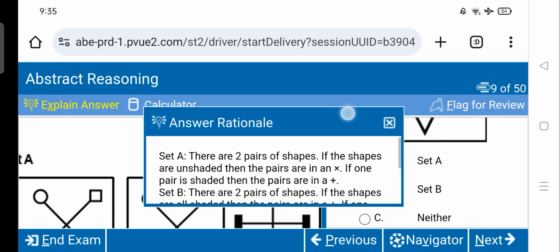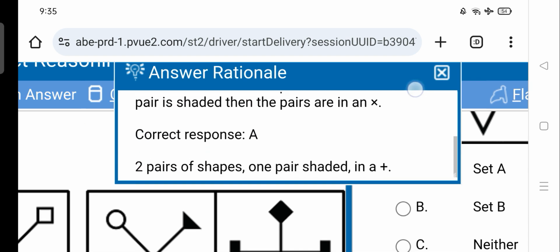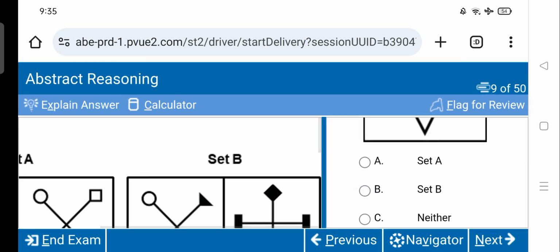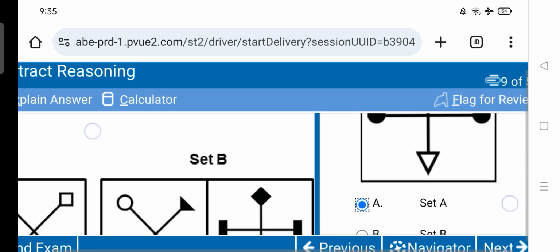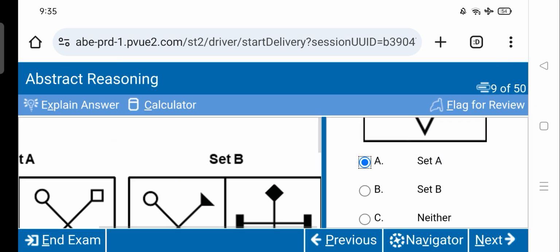So the correct option with the same rules is option A, two pairs of shapes, one pair shaded in an addition form. So it means it is from set A. So option A is the correct option.